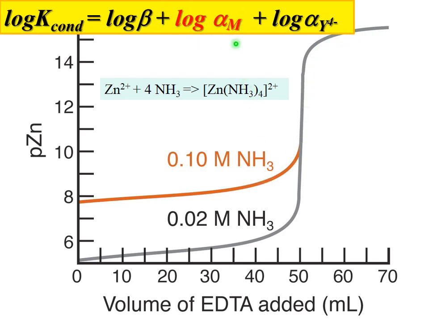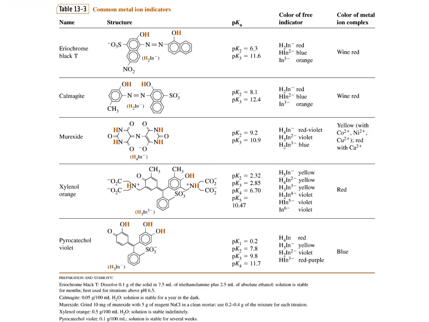You can calculate conditional constant in this case as well. We seldom do that. Why we seldom do calculations like this? Because there are so many procedures already developed. So we mostly copy paste the conditions from titration.